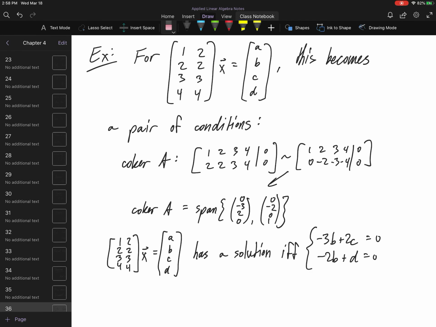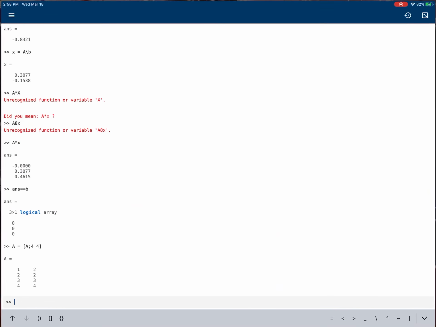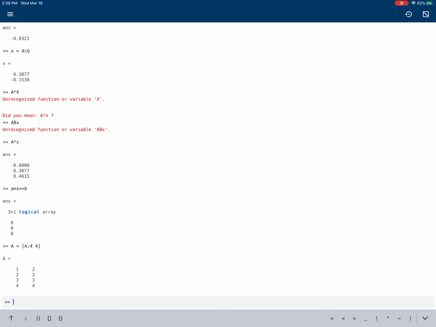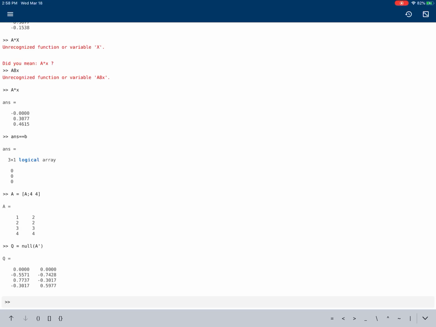Let's see. I'm looking to figure out what compatibility condition I need in order to guarantee that this system has a solution. Well, I'm going to go to the co-kernel. So I'll do Q equals the null space of A transpose, right? The null space of A transpose is the co-kernel. And there we go. We have 2 dimensions now to deal with.